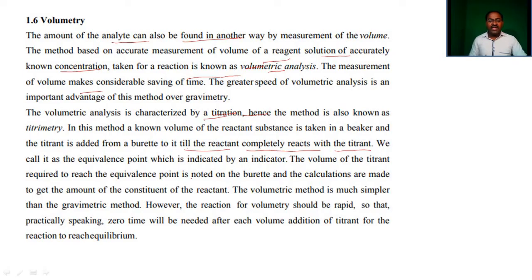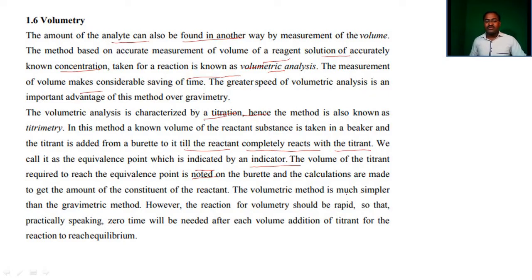We call it the equivalence point, which is indicated by an indicator. The volume of the titrant required to reach the equivalence point is noted on the burette. Means that is the titrant value or concordant burette reading.